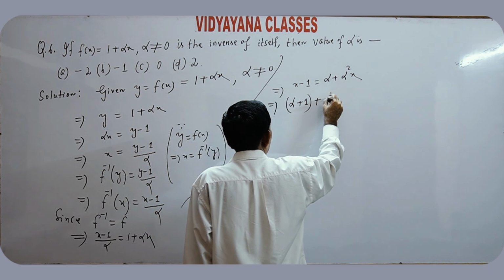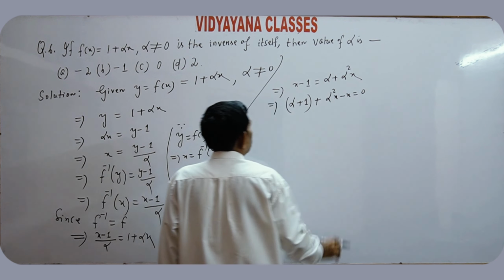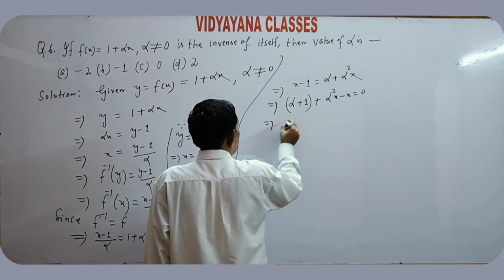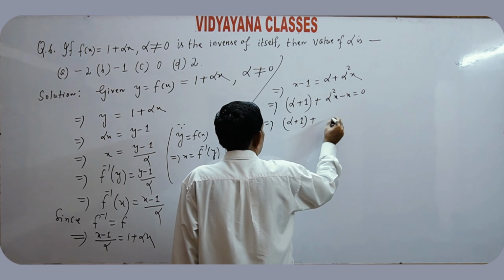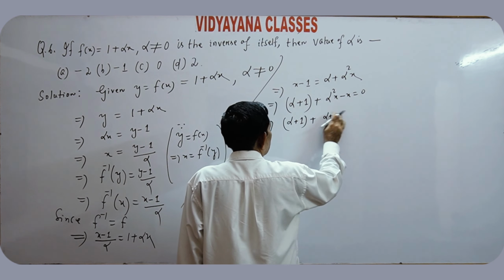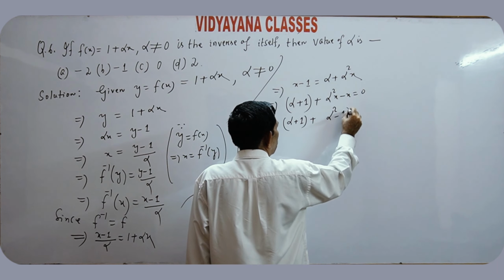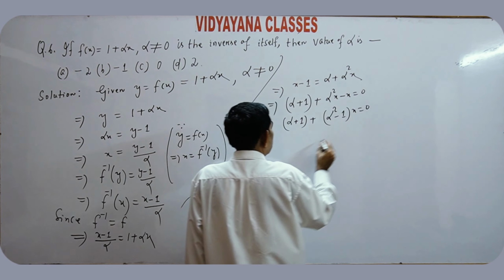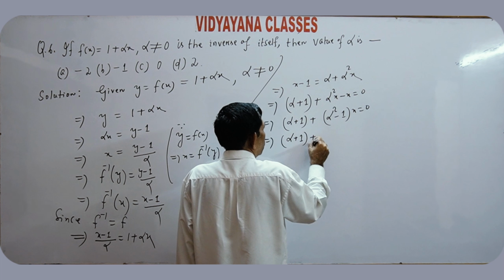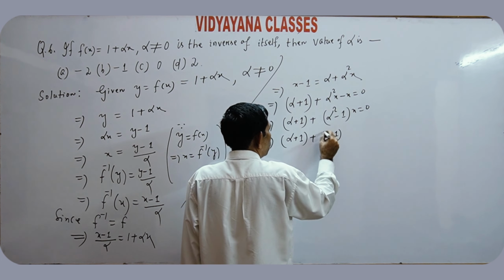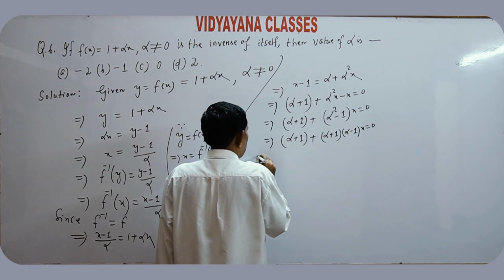which implies alpha plus 1 plus alpha square x minus x is equal to 0, which implies (alpha plus 1) plus (alpha square minus 1) whole into x is equal to 0, which implies (alpha plus 1) plus (alpha plus 1) into (alpha minus 1) whole into x is equal to 0.